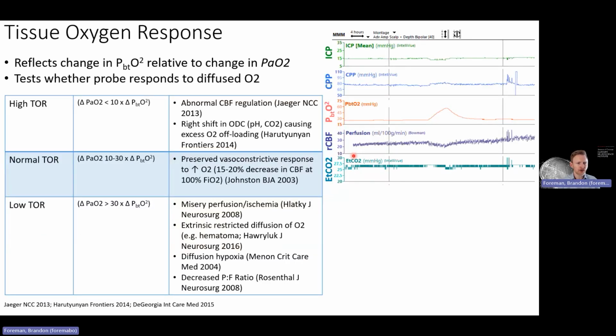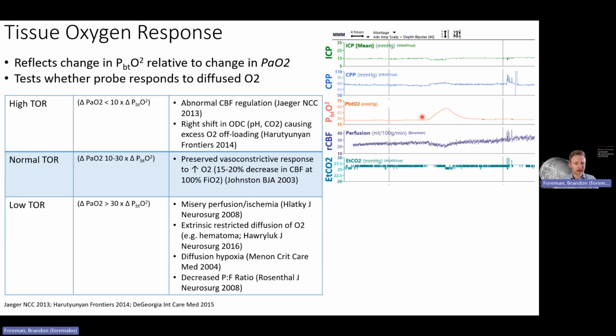There's a concept of tissue oxygen response. If you monitor brain tissue oxygen, you can use this relationship between the pbtO2 and the arterial oxygen in sort of an artificial way to test a couple of things. So one is you can test whether the probe itself is accurately measuring oxygen. So the oxygen has to diffuse into the probe.